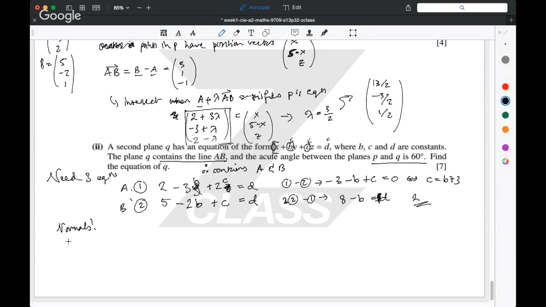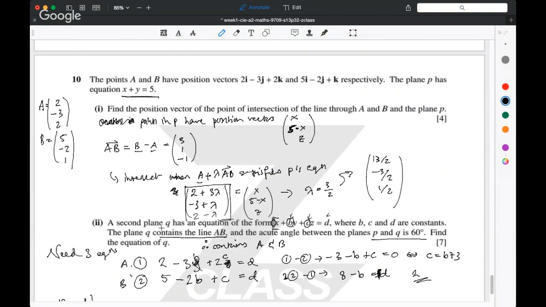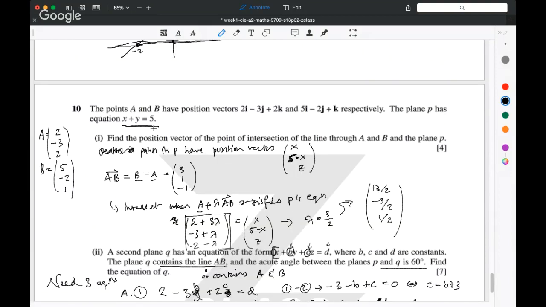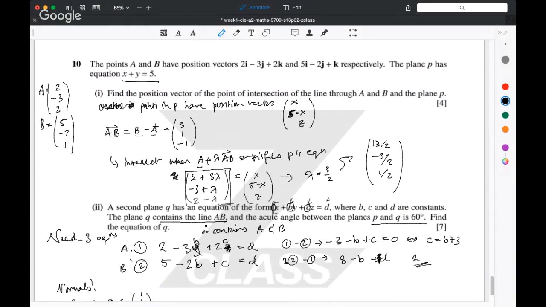So the normal to Q is 1, B, C. And the normal to P was going to be equal to 1, 1, and 0, because there was no constraint on the z in this equation here.